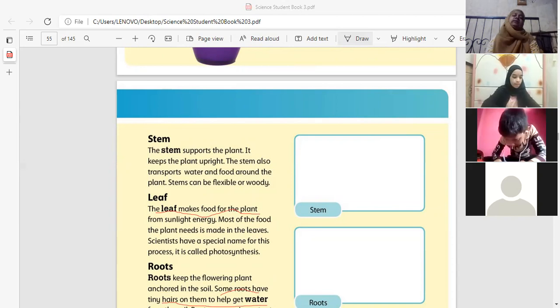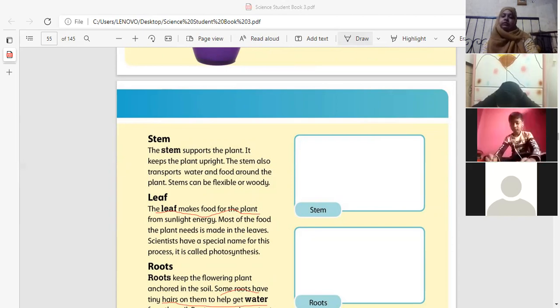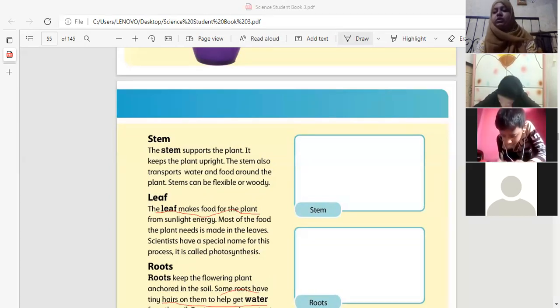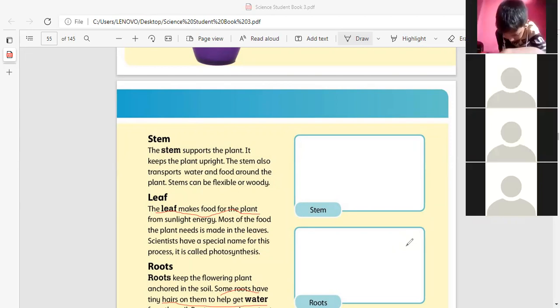Quickly, we'll write this. Ma'am, I'm not done. If you have a test book, you can just underline it in your test book also. It's okay if you don't write. Okay, ma'am.